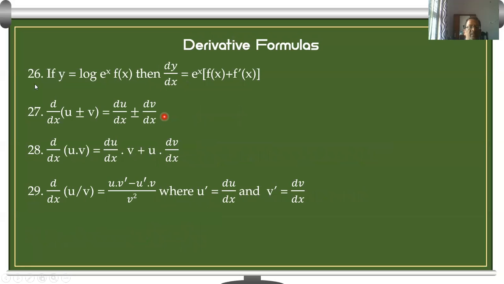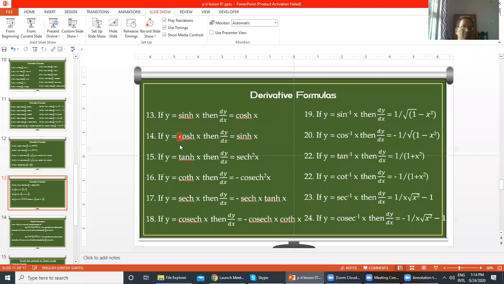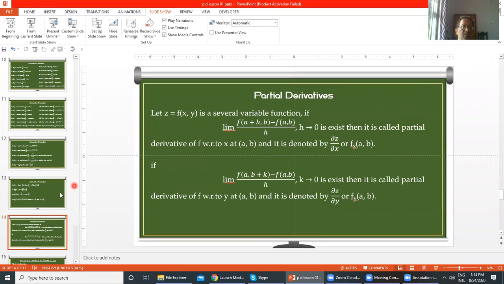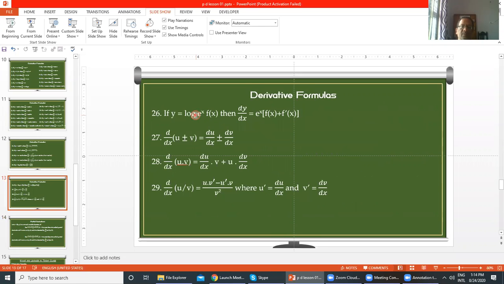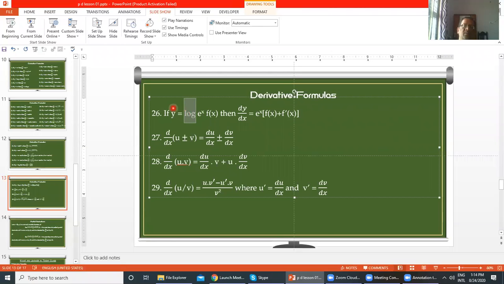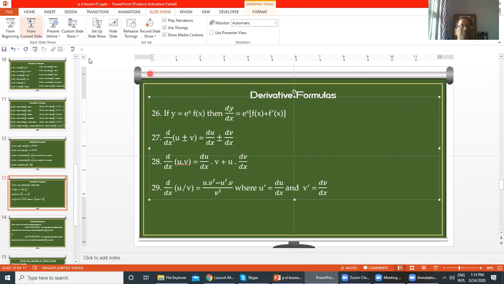And the next one more point, if y equal to e power x into f of x, not the log of it, it should be e power x.